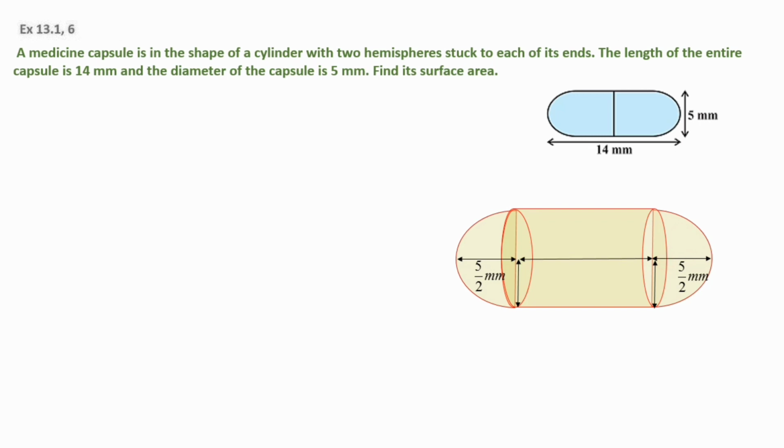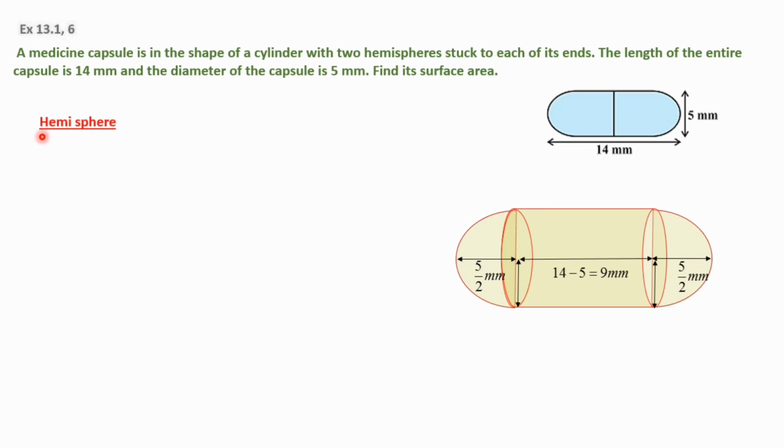Means in total 2.5 plus 2.5, that is 5 millimeter is gone. So the height of the cylinder we can calculate, that is 14 minus 5. How have we got 5? Here 5 by 2 is 2.5, here 5 by 2 again 2.5. So 2.5 plus 2.5, 5 millimeter is reduced from both the ends. So the height of the cylinder is 14 minus 5, that is 9 millimeter.